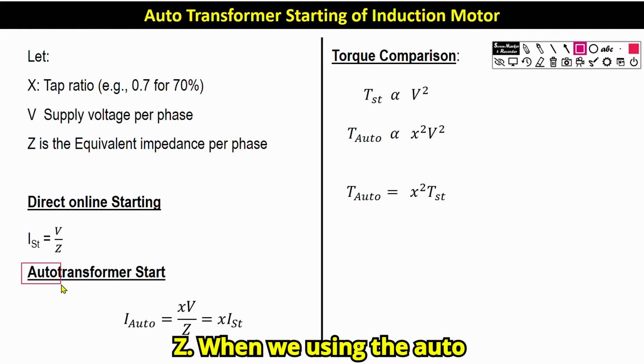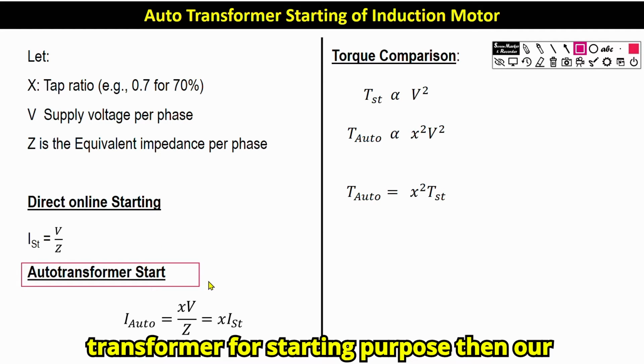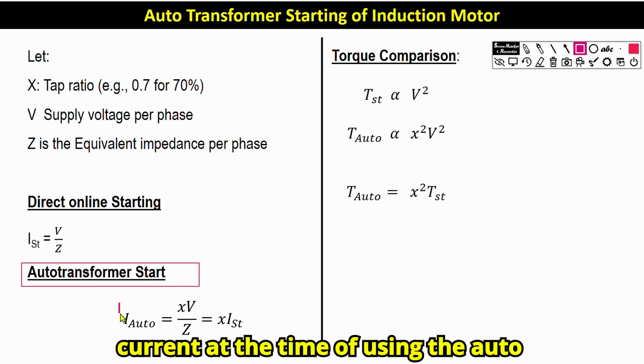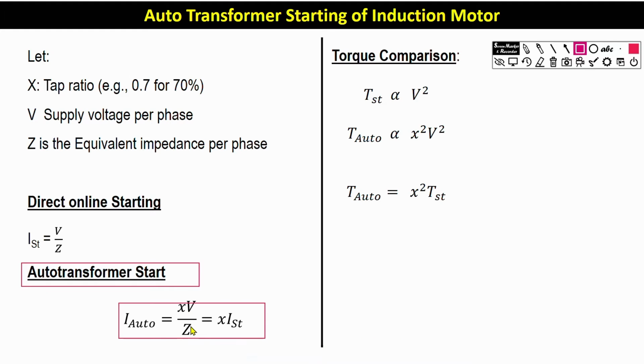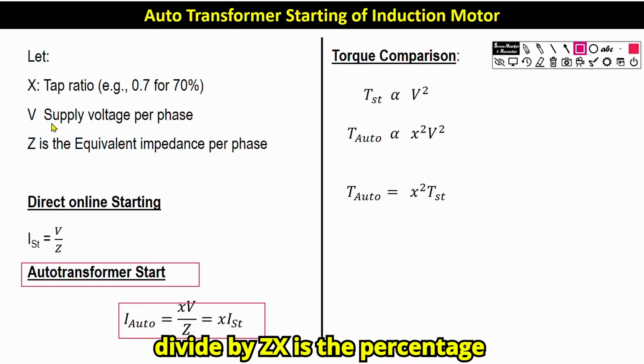When we use the auto transformer for starting purpose, then our current at the time of using the auto transformer is equal to XV divided by Z. X is the percentage at which we have set the auto transformer.